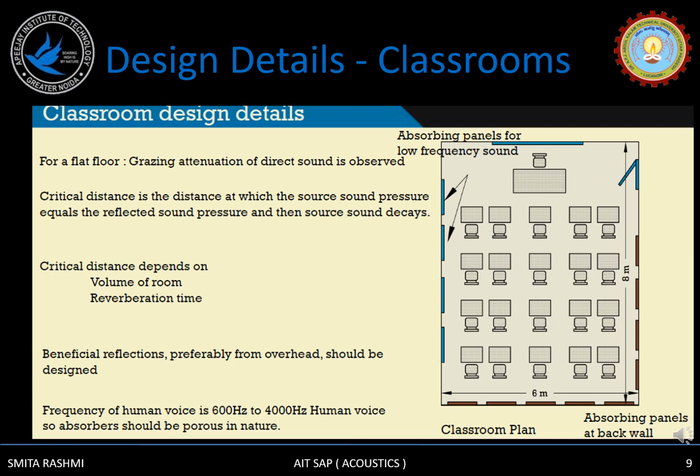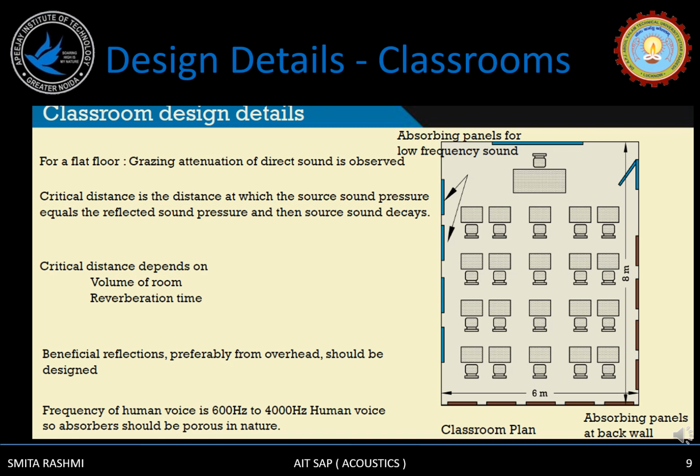So in order to achieve a high early reflected sound, we can use the ceiling part. So the beneficial reflection should be taken from the overhead. And as we know, the frequency of the human voice is about 500 Hz to 4000 Hz.